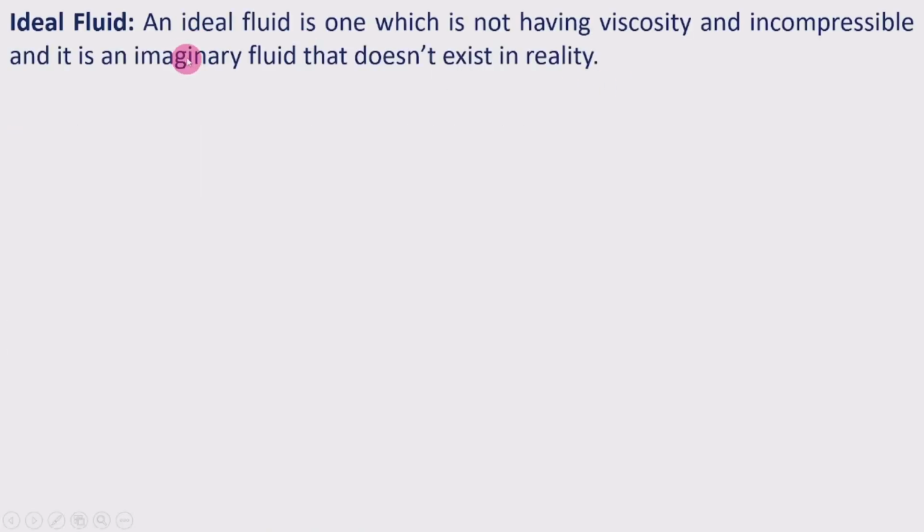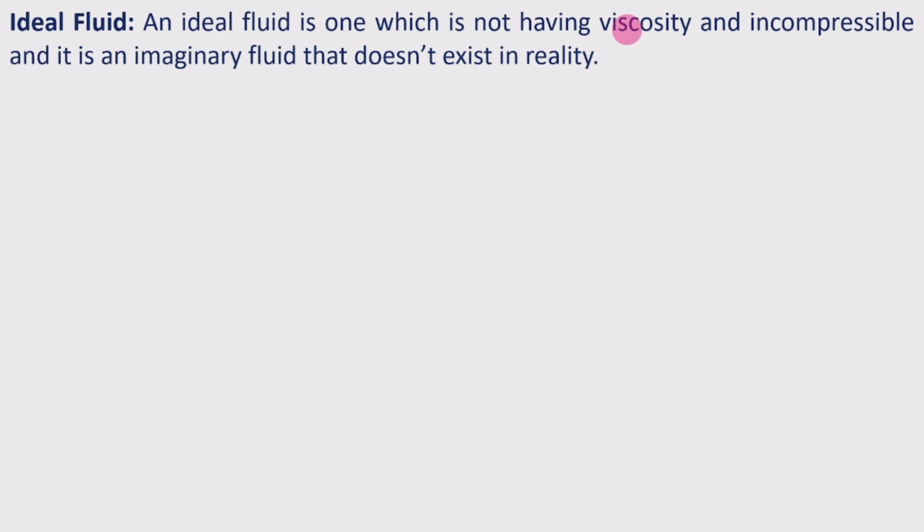Moving to the different types, the first one I will take is the ideal fluid. An ideal fluid is one which does not have viscosity and is incompressible. It is an imaginary fluid that doesn't exist in reality. All the fluids which exist have at least a minimum value of viscosity.